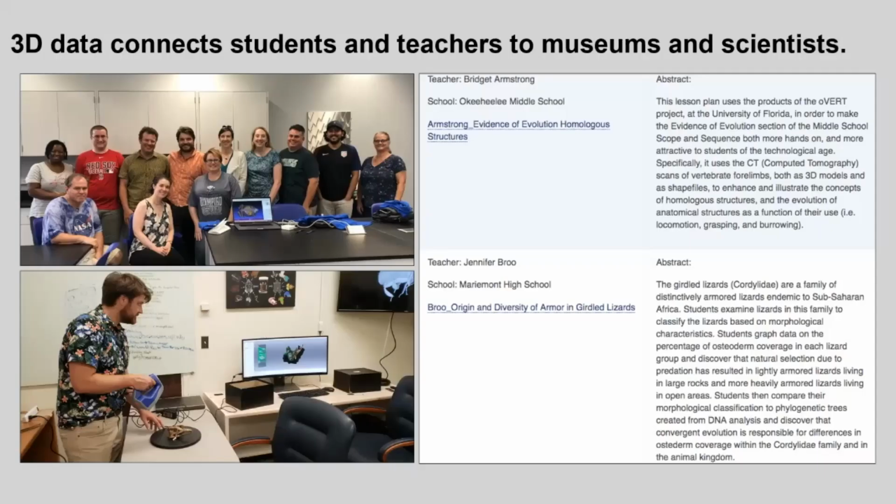One of the things that Ed and I have been doing over the last few years, it's been very fun, has been to work side by side with teachers. So for the last few years, we have brought in teachers, mostly from the state of Florida, but also from elsewhere. We have brought in middle school and high school teachers to spend time with us to create learning activities for their classroom.